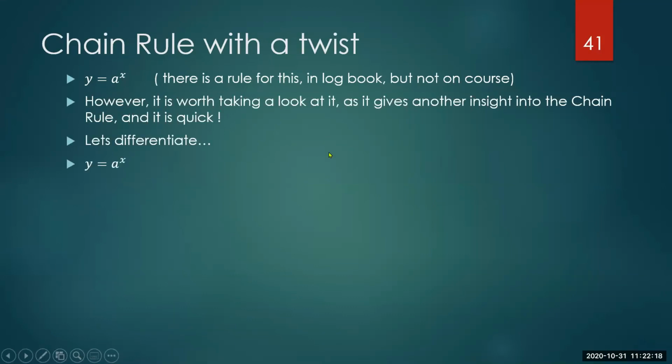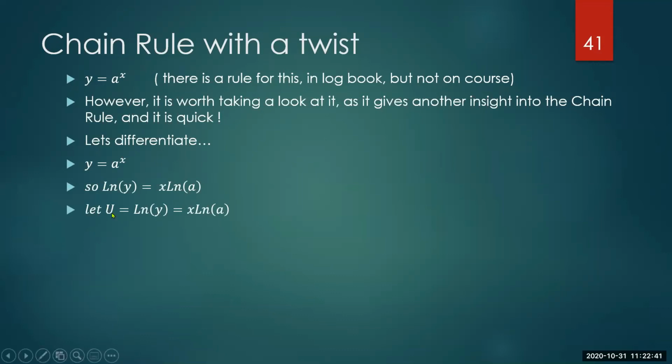So let's start off with y is equal to a to the power of x. So the natural log of y then is equal to x times the natural log of a. All we've done here is we've taken the natural log of both sides, okay? And now we can say, let u be equal to the natural log of y, which is equal to x times the natural log of a.